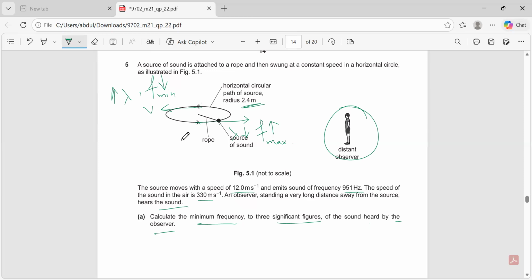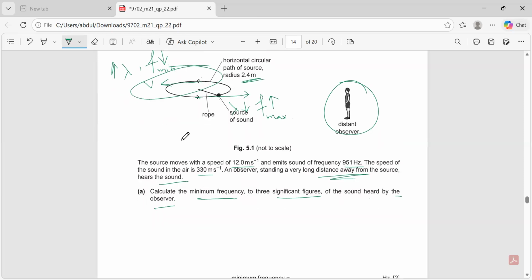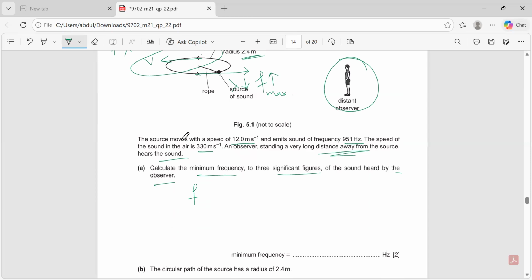Now they want three significant figures for the frequency when it is moving away. See, it is mentioned the sound heard by the observer. So the source is moving away, so we need to take this point. When it is moving away, how can we use the Doppler effect? If you remember, my dear sons, observed frequency fo is equal to v over v plus vs times fs.